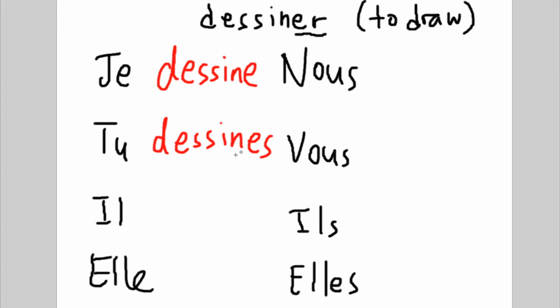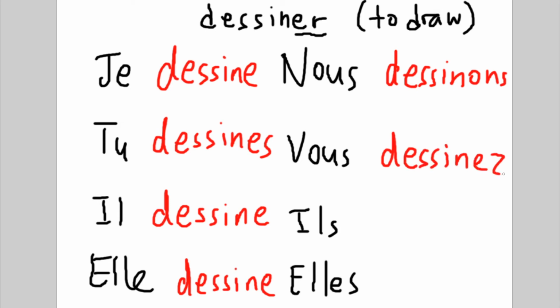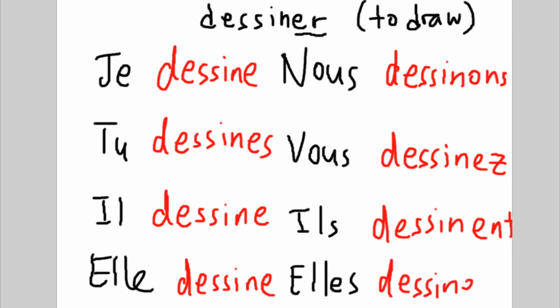Il and elle are the same, and they don't have the S, so it's just il dessine, elle dessine. And then nous is ONS as usual, and again, we omit the E. Nous dessinons. Vous dessinez. And then ils dessinent, and elles dessinent. Just like that. It's the same thing because it's a regular ER verb.